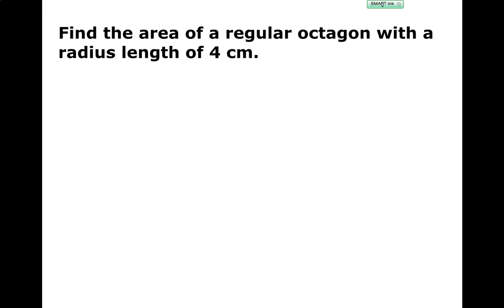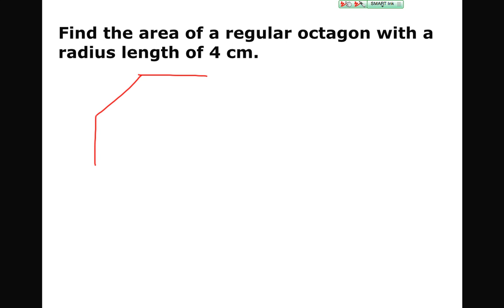Okay, let's find the area of a regular octagon with a radius length of 4. I think you can probably draw an octagon, but make it kind of big so that you can write some things in there. Draw yourself a regular octagon. Stop sign, if you don't know what that shape really looks like. Not perfect, but good enough for reference, probably.